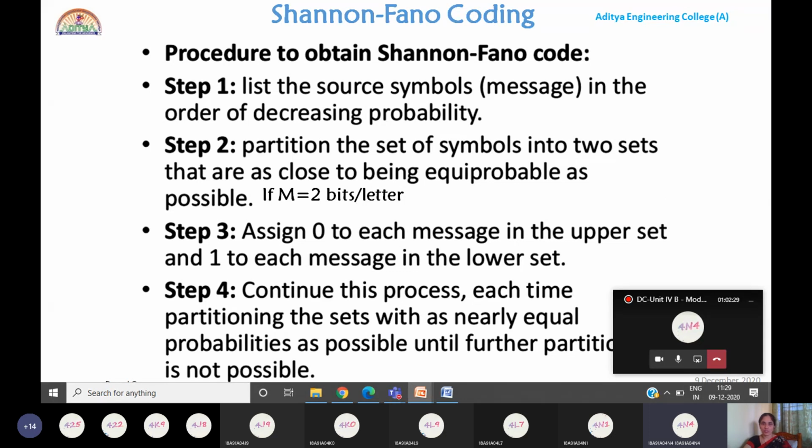If M is 3, then assign -1, 0 and 1 to the subsets.